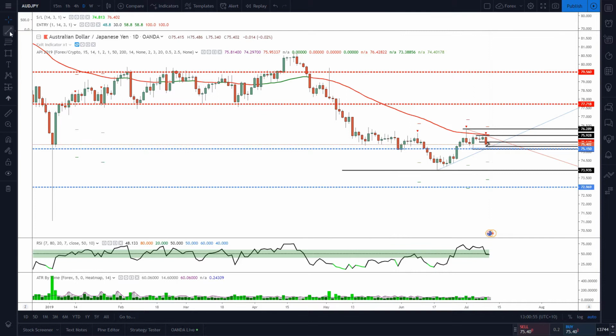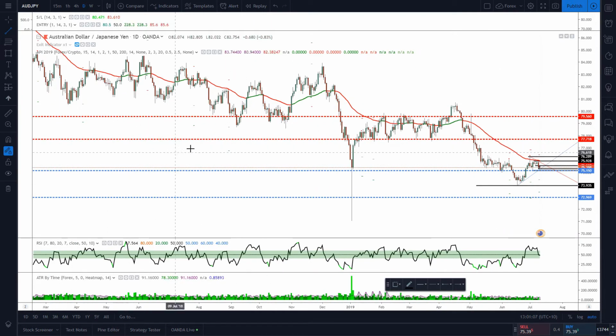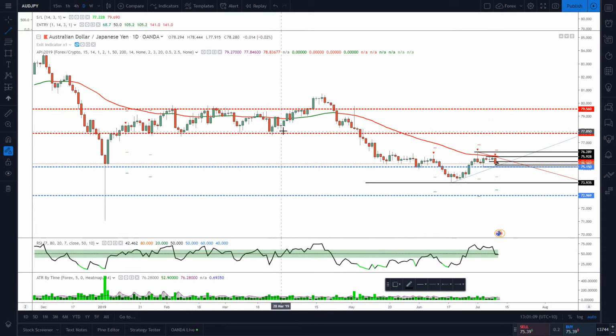Now, on the daily chart, we've got a market that has broken and closed below several major support zones that have held for years, since the start of this year, and multiple years looking left. So we have this move here that broke through several support zones.